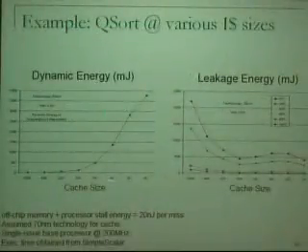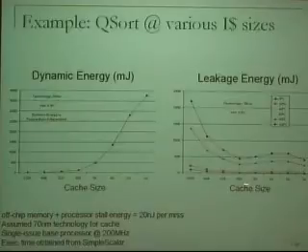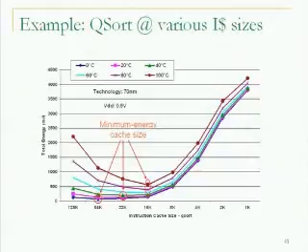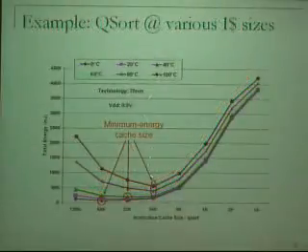So dynamic energy is increased with reduction of cache size, but for the same reduction of cache size, the leakage energy is reduced because you have a smaller cache. So the total result is that for different temperatures, you have different optimum points. So you had better optimize the cache for the given temperature in which the system is working.